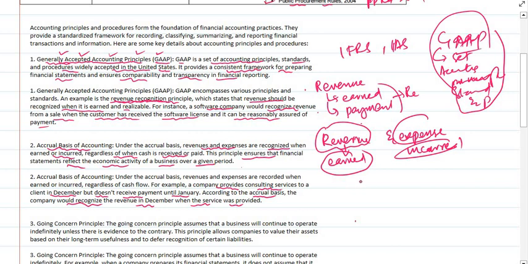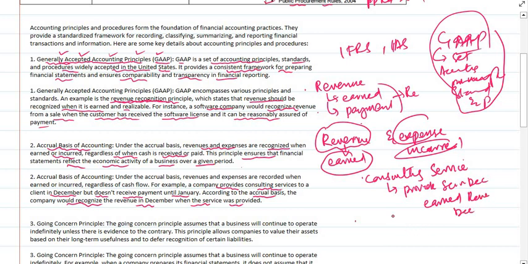Let's say you have a consulting services company. You are providing consulting services. Clear? Now, you provided the services in December, so it means that you have earned the revenue in December.